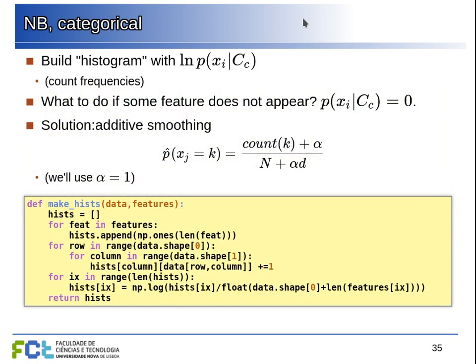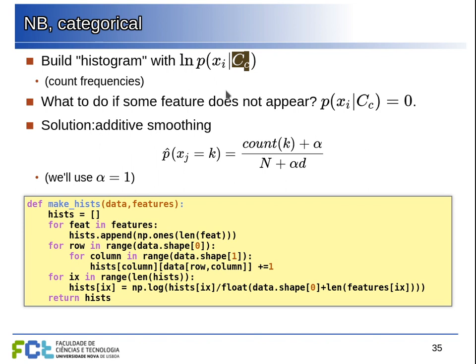And now what we can do is to compute these frequencies of the value of each feature in each of the classes. Now, one problem here when you have actual data and you have these discrete values for the features is that it can happen that in your training data you do not have some specific value for some feature.